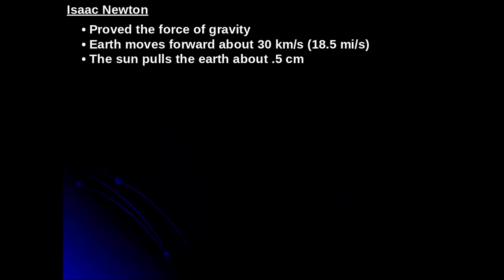So Newton then says, okay, let's put a little physics and math to show how the gravitational pull works with respect to the sun and the Earth. And Newton says the Earth moves about 30 kilometers per second away from the sun, but the pull of the gravity on the Earth is about 0.5 centimeters.